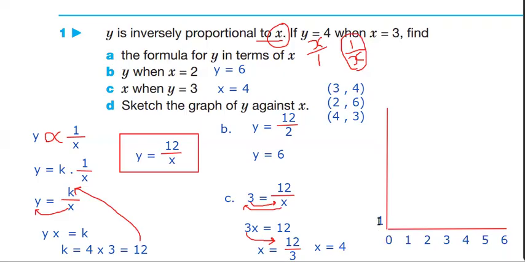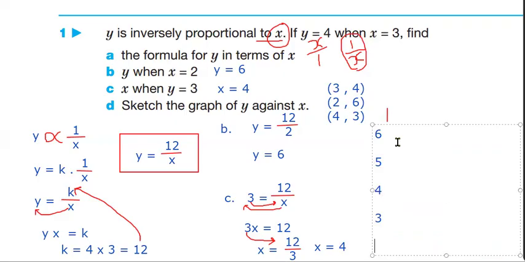Let's do it from the top. We're going to have 6 here, 5, 4, 3, 2, 1.